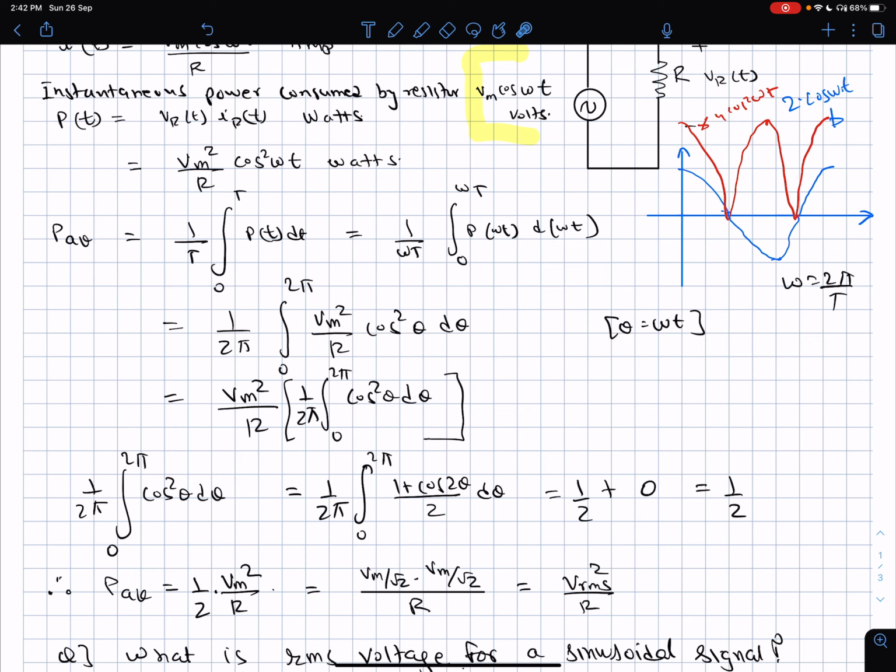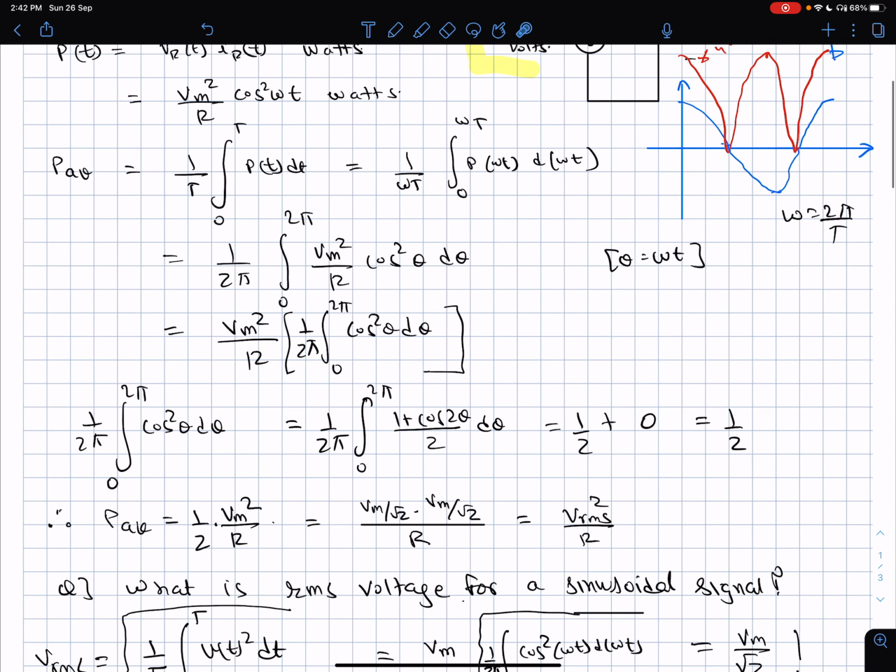And then if you look at sin 4 pi minus sin 0, that is 0 minus 0, so therefore it will turn out to be 0. So this integral will turn out to be one half, which you can easily verify yourself also.